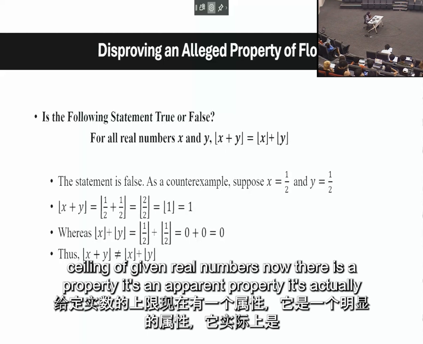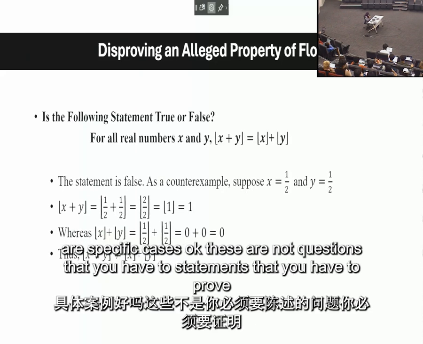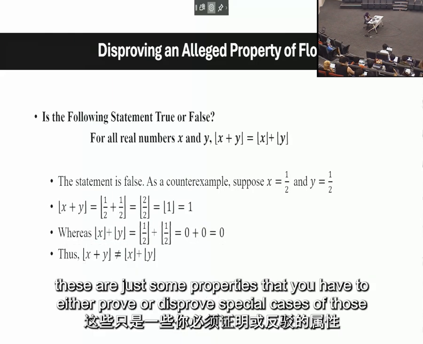Now there is an apparent property. It's actually not a property, which means you have to disprove it by finding a counter example. These are specific cases. These are not statements that you have to prove, just properties that you have to either prove or disprove, special cases of those.